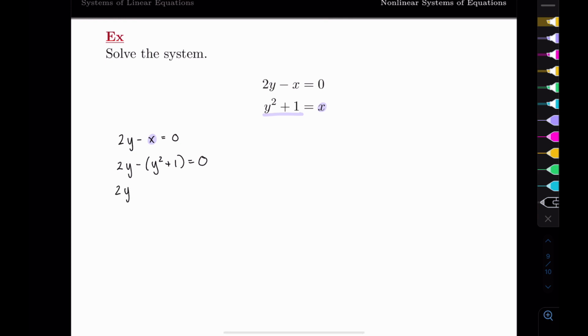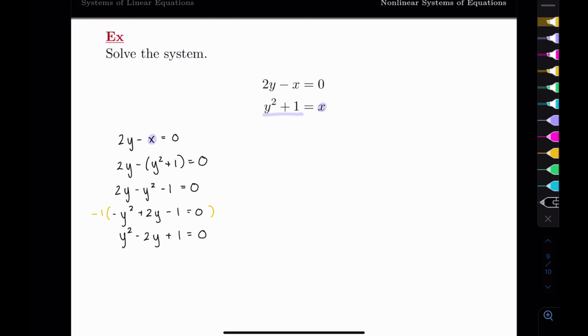So if I just rearrange this, I've got to distribute that minus sign, and then I'll put the y squared first, the y in the middle, the constant at the end. And then I also really hate that minus sign out front. So let's multiply everything by -1. And it gives us y squared minus 2y plus 1 equals 0.